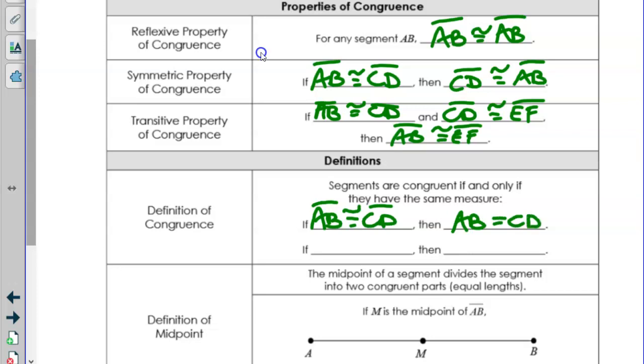That is used when you have congruence but we're going into an equation, so we have to flip those around. The reverse is also true. If I figured out that AB is equal to CD, but I'm trying to prove congruence, then I can switch it to segment AB is congruent to segment CD through the definition of congruence. These will make more sense as we start using them in proofs.